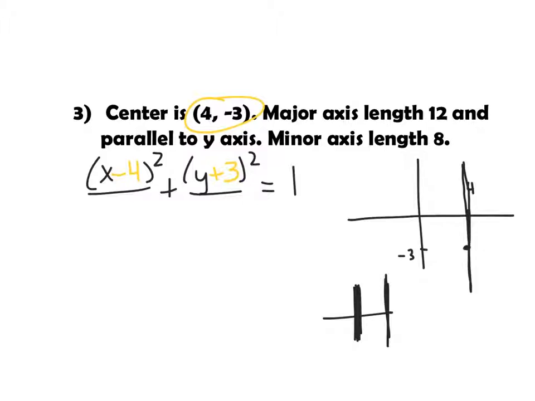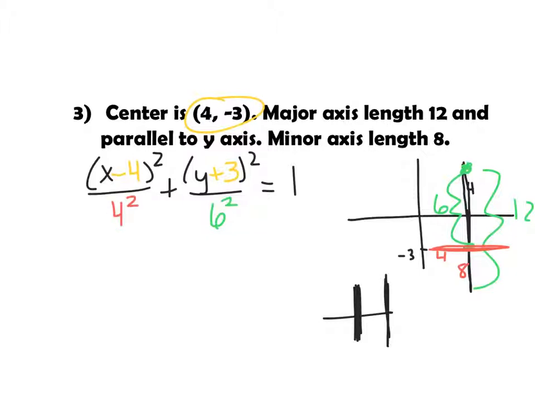So if I think about it, if my whole axis is a length of 12, then going from the center to a vertex is going to be 6. So underneath, because it's vertical, underneath the vertical variable, y, we're going to put 6 squared. And then the minor axis is going sideways. If that whole thing is 8, then half of it would be 4, so 4 squared.